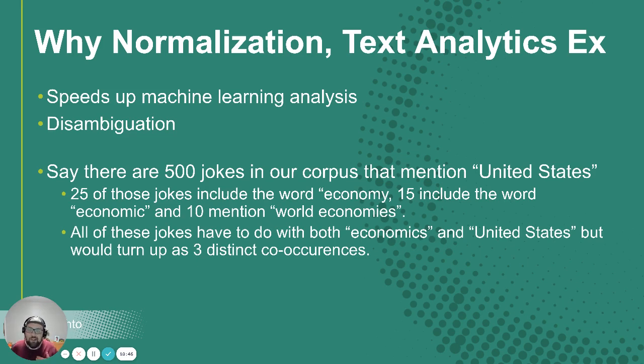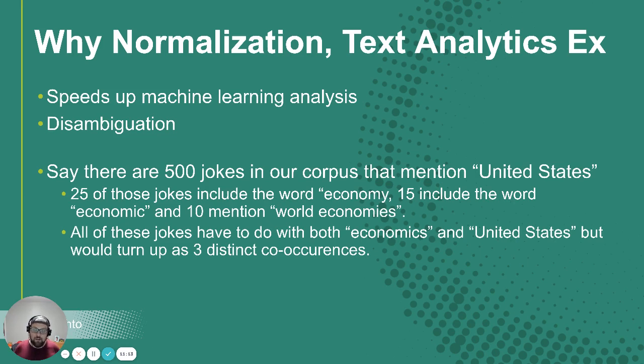If we talk about disambiguation, let's just give an example. Since we're using jokes, say there are 500 jokes in our corpus. A corpus is a database of text that we're examining. Say they mention the word United States. 25 of those jokes include the word economy, 15 include the word economic, and 10 mention the phrase world economies.